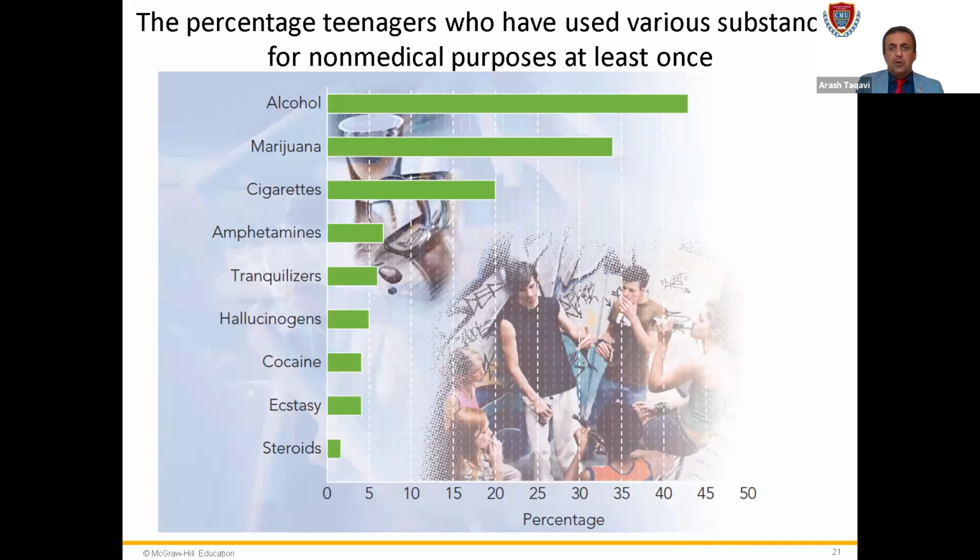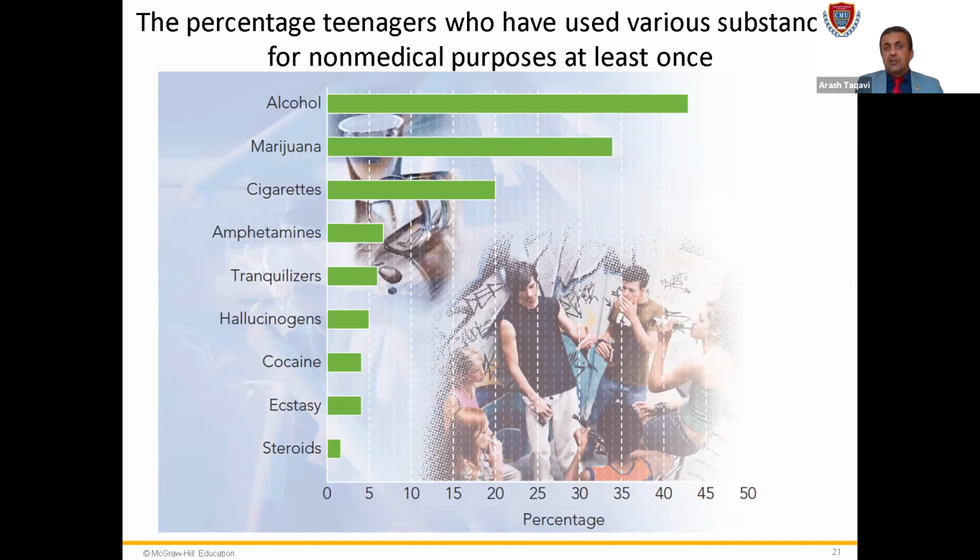You can see here the percentage of teenagers who have used various substances for non-medical purposes at least once, from lower levels of harm, something like steroids and ecstasy, to the highest effects like alcohol or marijuana or cigarettes or amphetamine.